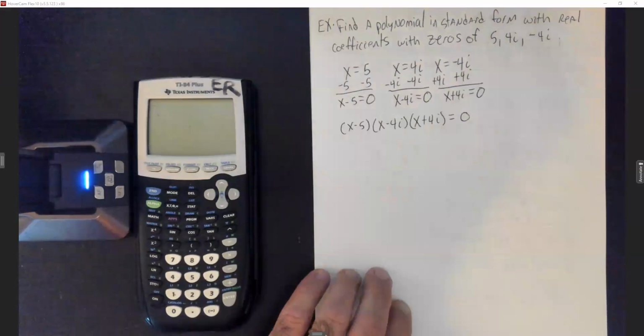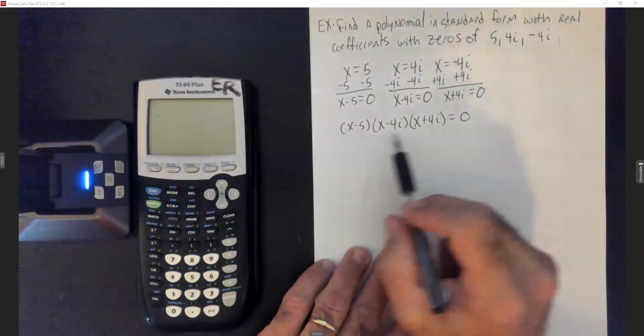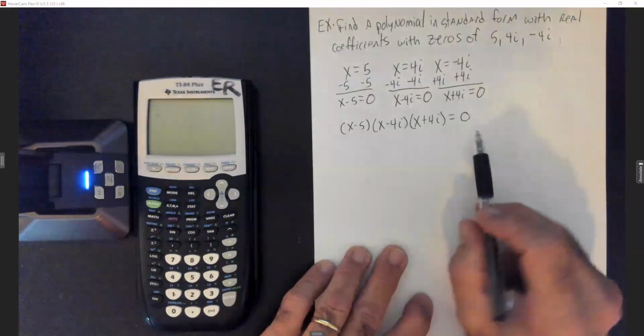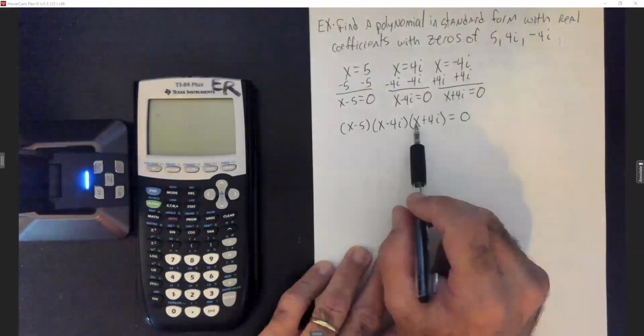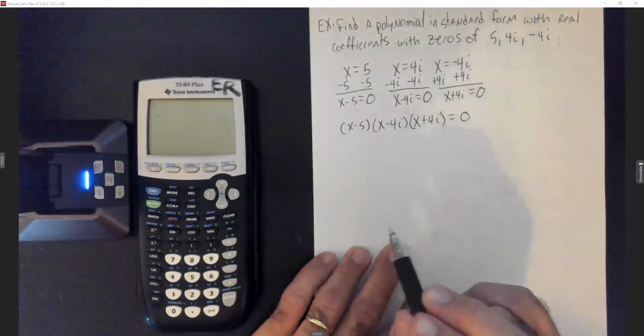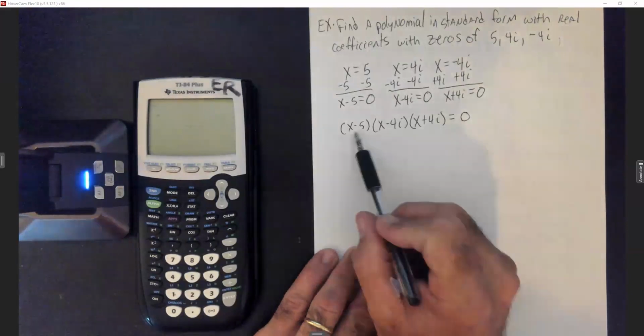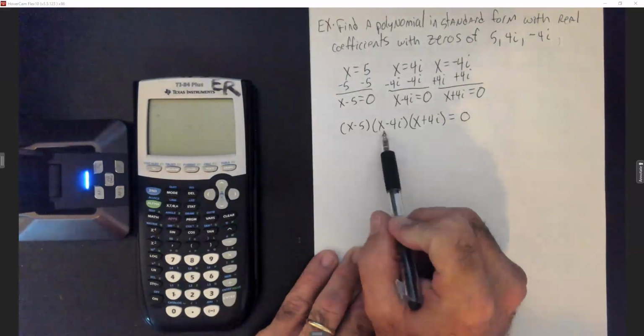All right, so I've got everything set equal to 0 as a product. So now I'm going to start FOILing this. Now, you could start with those first 2, but you're going to get an ugly answer.